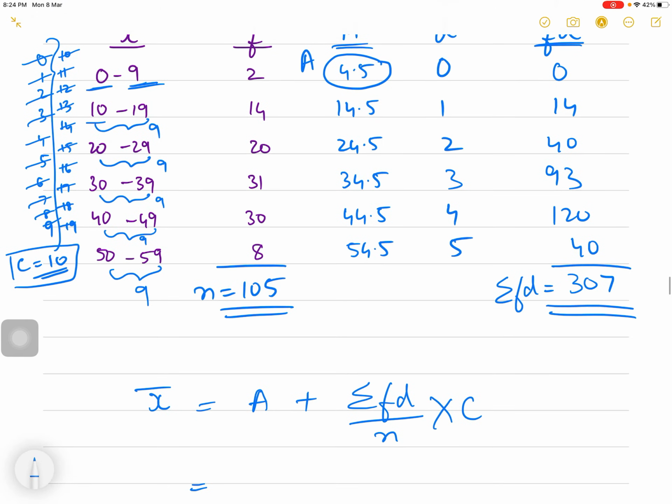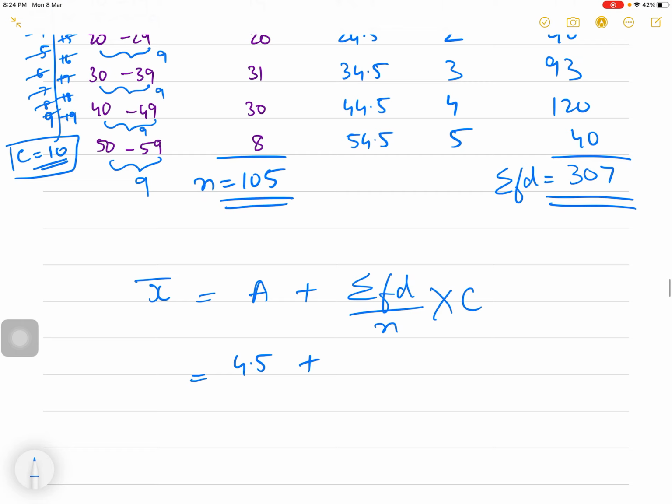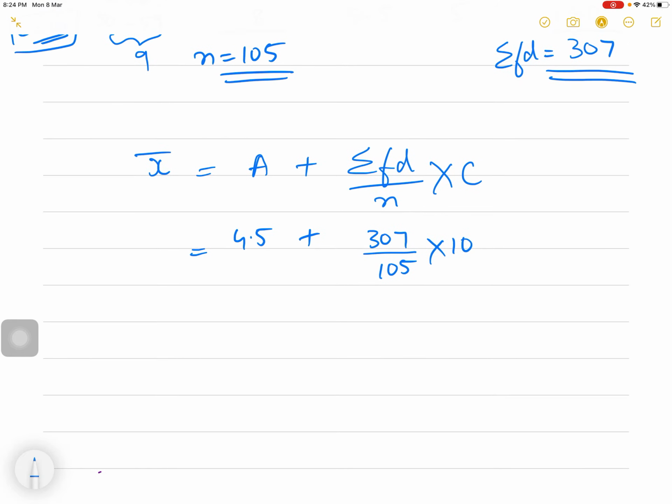A is 4.5, summation FD is 307 divided by 105 multiplied by 10. As per the BODMAS rule, first you multiply and divide and then you add, so to avoid the confusion, you can put a bracket.